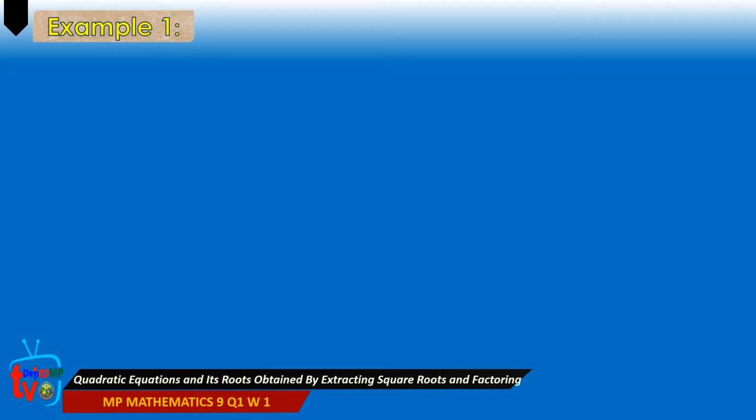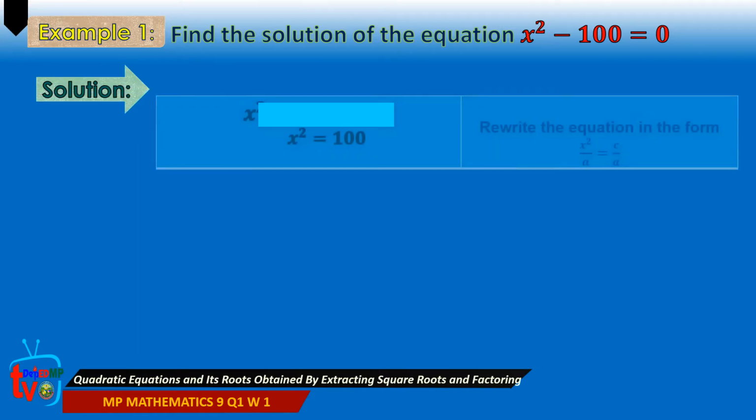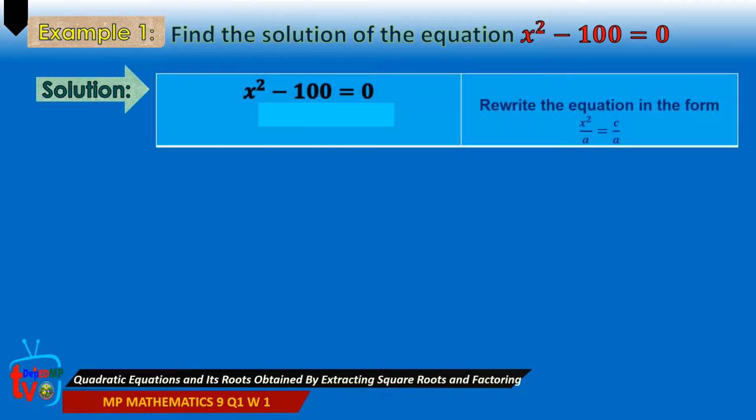For example 1, find the solution of the equation x squared minus 100 equals 0. So first, we are going to rewrite the equation in the form x squared is equal to negative c over a. Since the value of a in our equation is 1, we will have x squared is equal to 100.